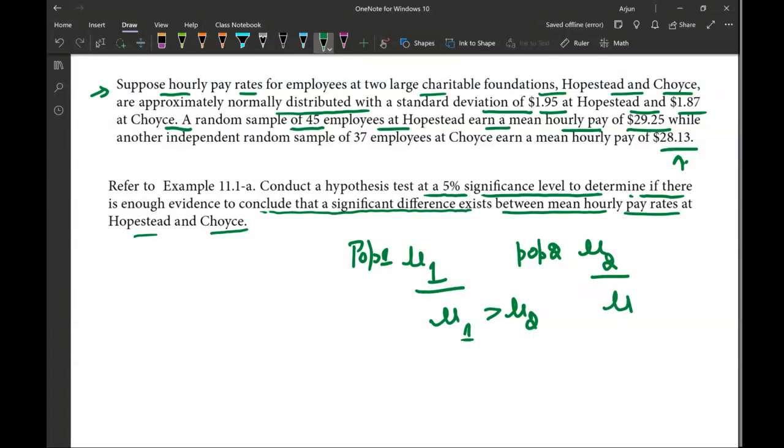Another thing we can figure out is if mean one is less than mean two. So these are the three different ways we can figure out. The first one, again I'll rewrite it: mean one not equal to mean two. That's what we're going to do in today's class.